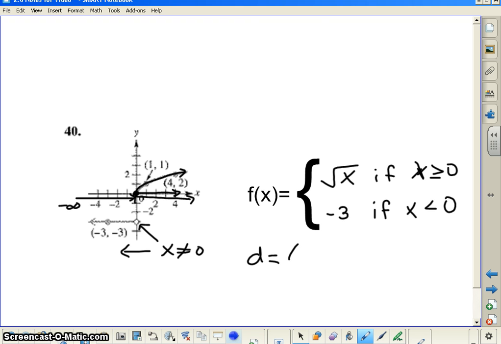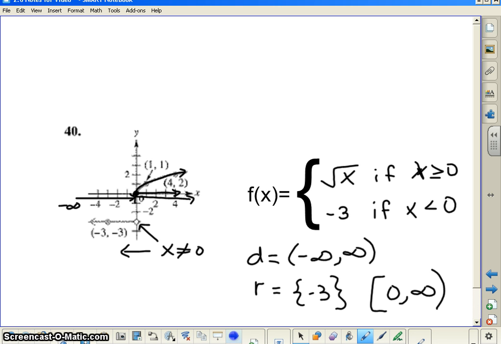So my domain is actually going to be -infinity to +infinity for this, and then my range, on this function down here below, -3 is the only value for that one, and then we have all the values from 0, and actually 0 is included, so 0 to +infinity would describe the rest of that function.